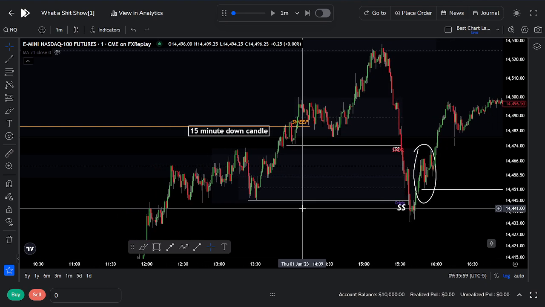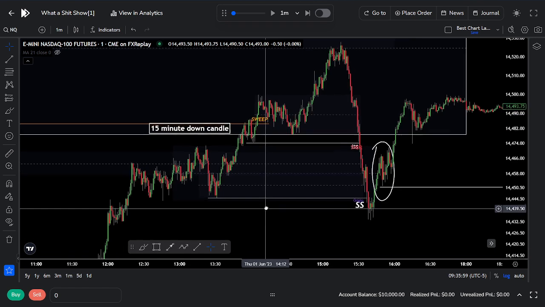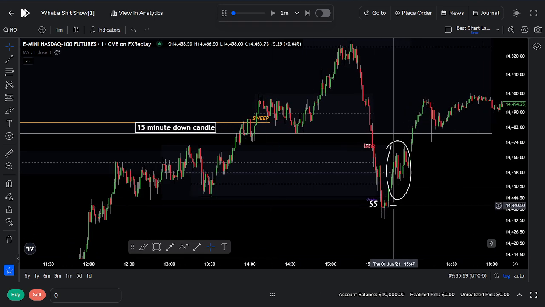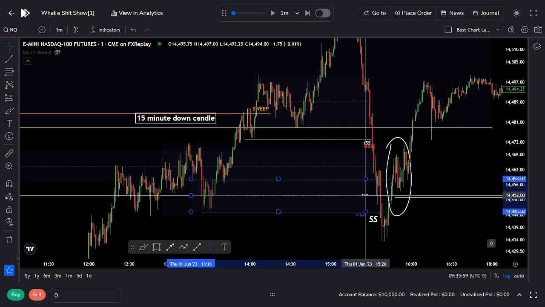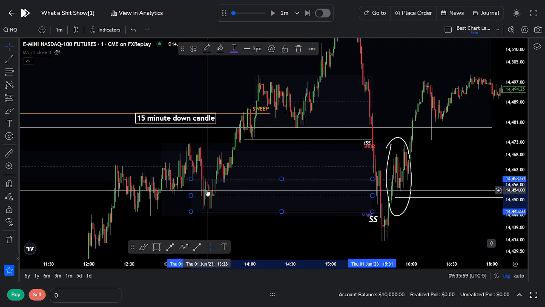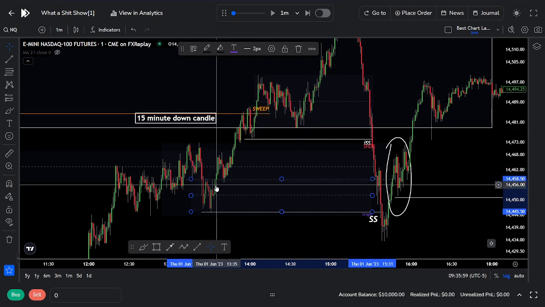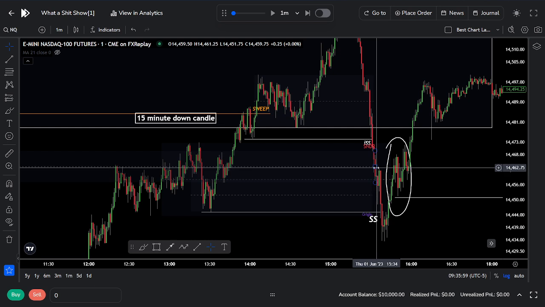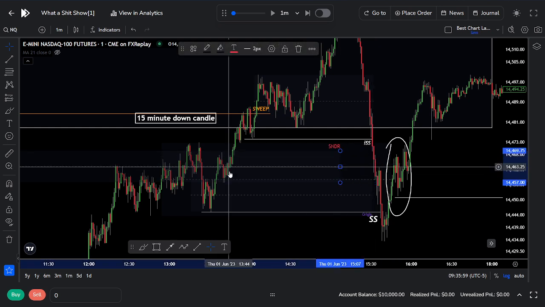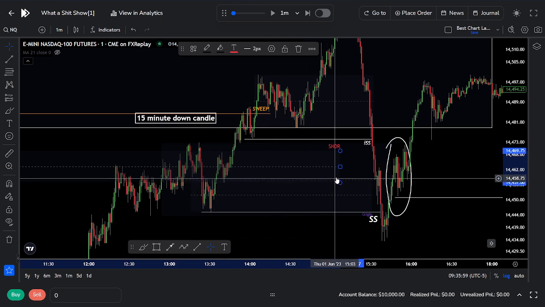I would classify it as a 15-minute area. Within this 15-minute down candle, what we have is both a move origin, the move that began the leg of price as you see it right here, and you have an S&D responsible, the last down move before the break of the last high of the area.